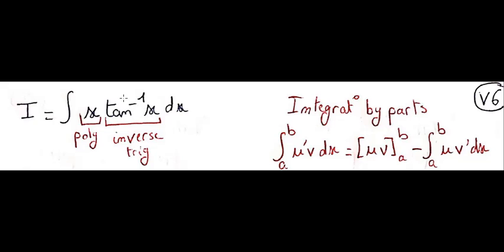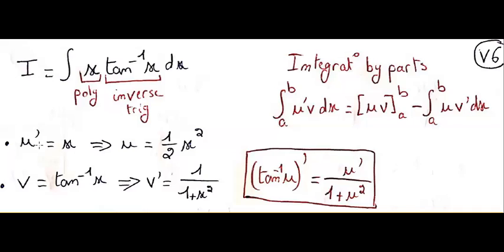So tangent inverse x would be v, the one that is going to be differentiated. And u prime is going to be x. Always, when we have a polynomial times an inverse trigonometric, the inverse trigonometric is v. So, as I said, u prime is x, which means u is half x squared. v is tangent inverse x, so v prime is 1 over 1 plus x squared.